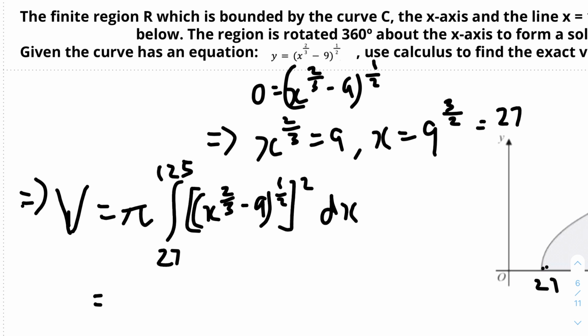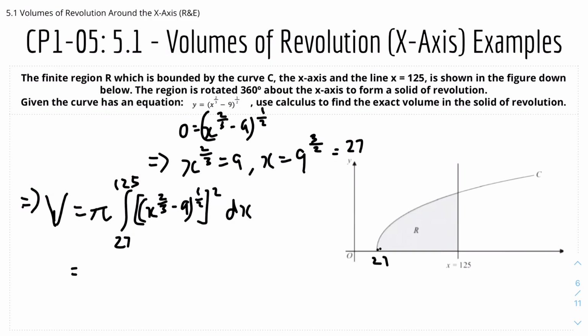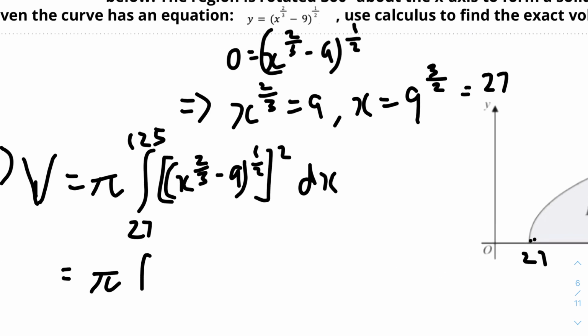So we know that this cancels out because a power of a half times a power of 2 cancels out. So it will just be pi times the integral of x to the power of 2 over 3 minus 9 from x equals 27 to 125 dx.